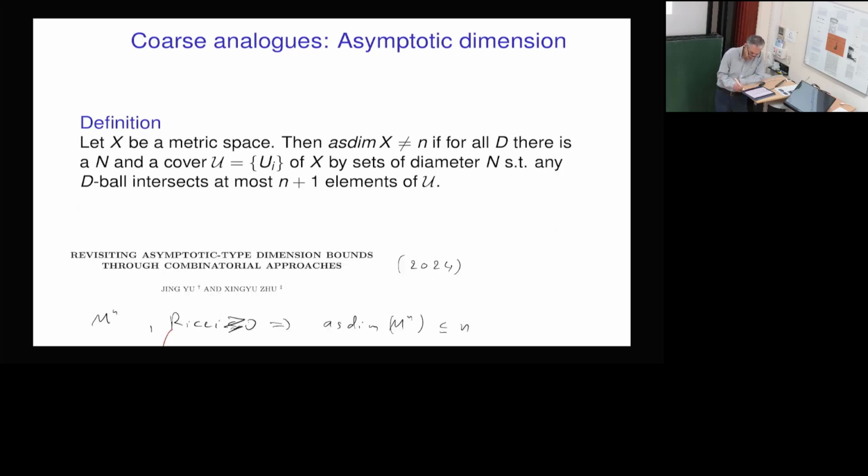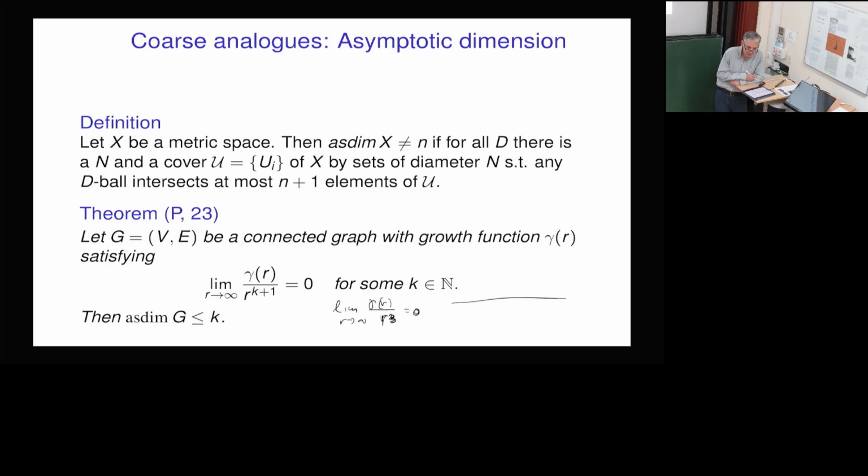Can I ask? For the same problem, if the growth rate is like r to the power of q, where q is not an integer, is there a situation where you can say what the asymptotic dimension is? Well, the asymptotic dimension is always an integer. It's a bit surprising, and kind of sharp.